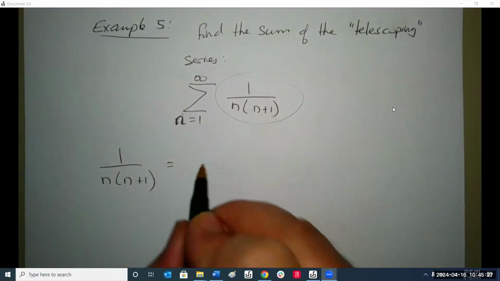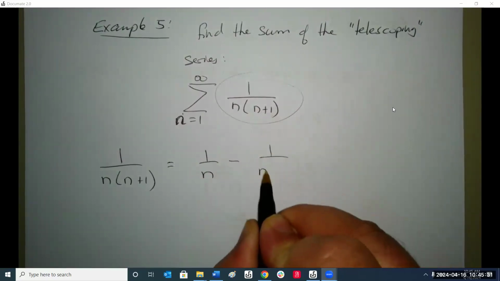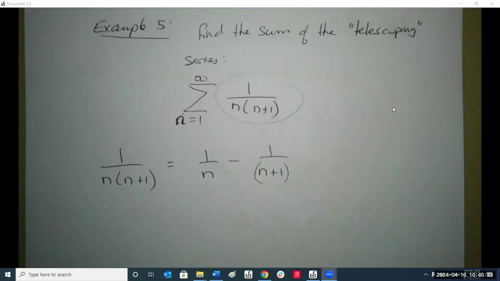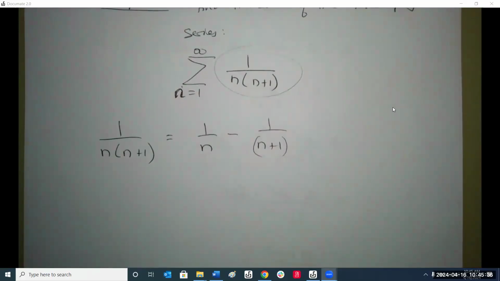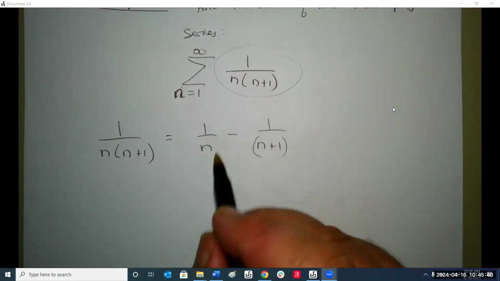We'll split up the denominators, because we need to get rid of the n factor on top, so that's why I subtract it.